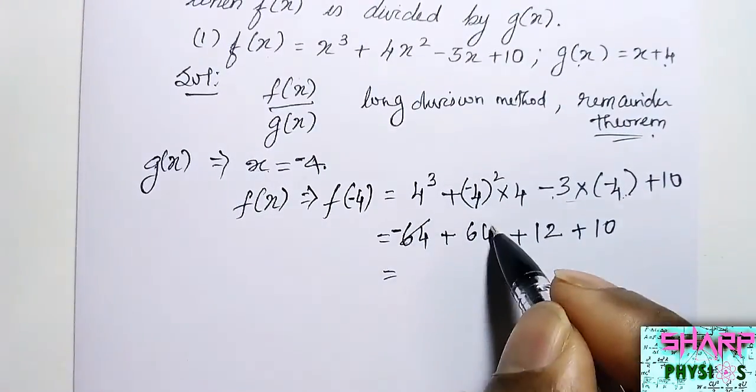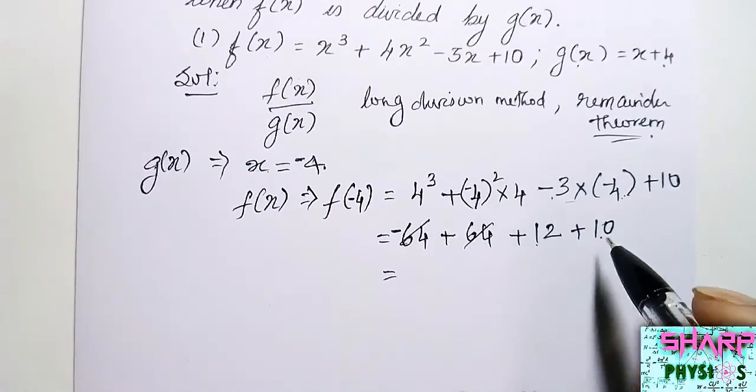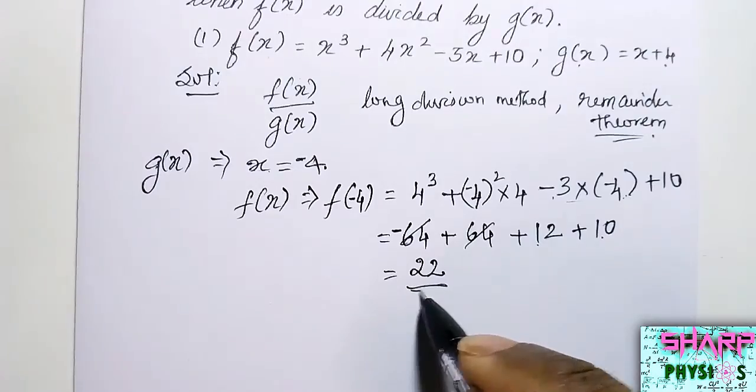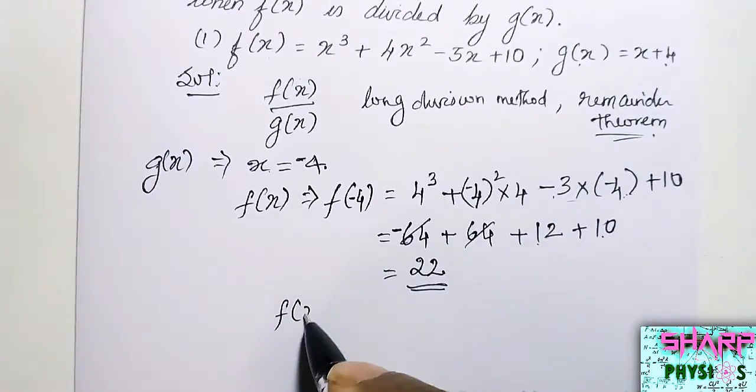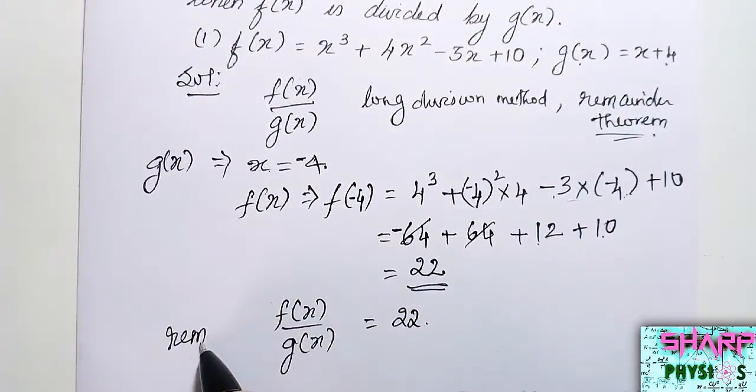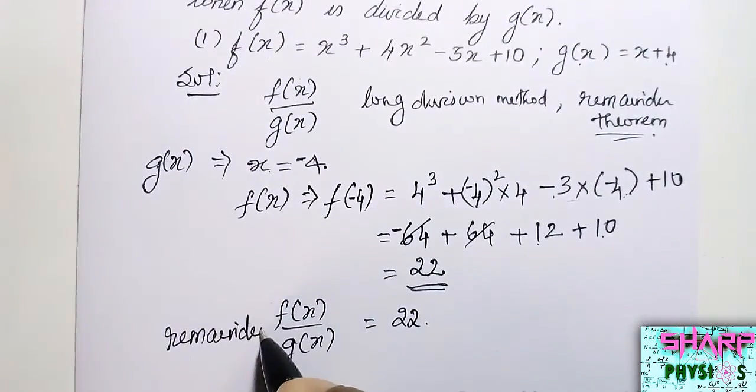Totally these two will be cancelled, 12 plus 10, it is 22. So in the remainder theorem for f of x divided by g of x, you get an answer 22. This will be the remainder.